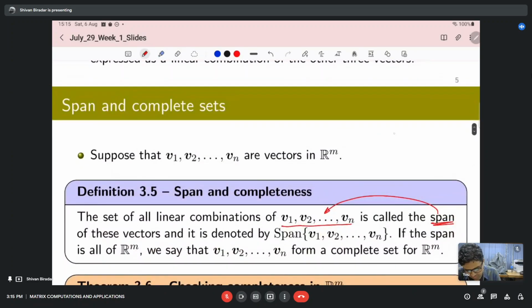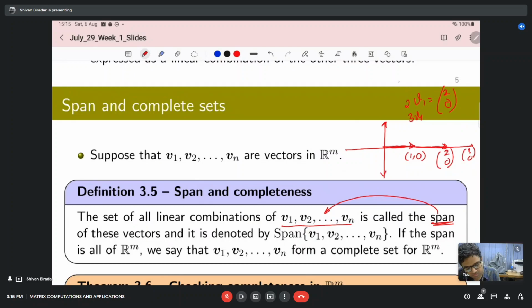So again, let us take a very simple example, which is 1 comma 0. Say this is v1 equal to 1 0. If I multiply this vector with 2, then I'll get 2 0. If I multiply this vector with 3, I'll get a vector 3 0.